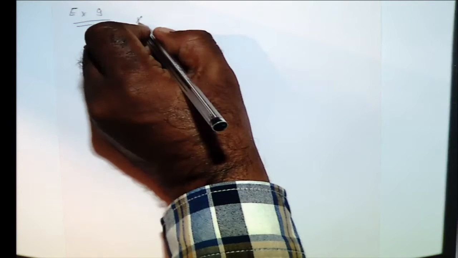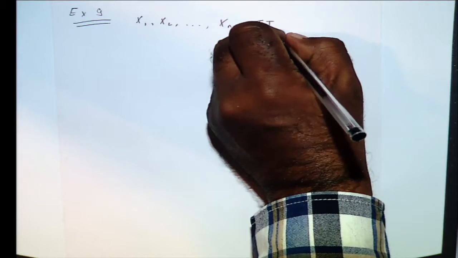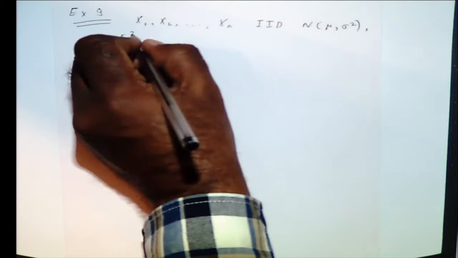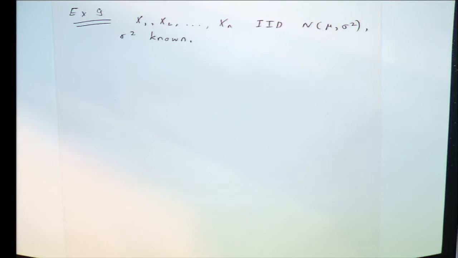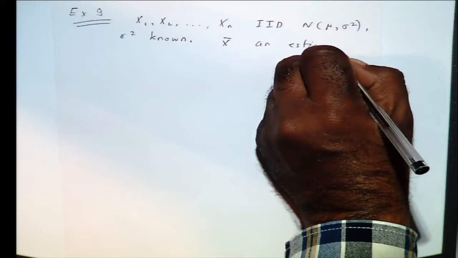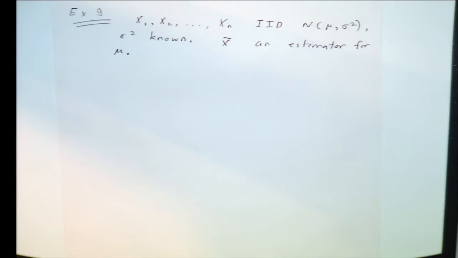So you have basically x1, x2 to xn, where sigma squared is known, and consider the estimator x bar as an estimator for mu. Find its bias, MSE, variance, and check whether it is consistent, right?